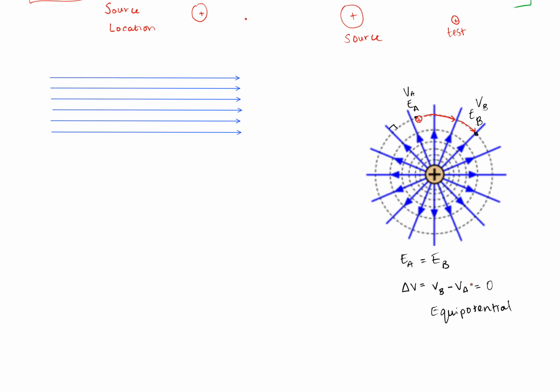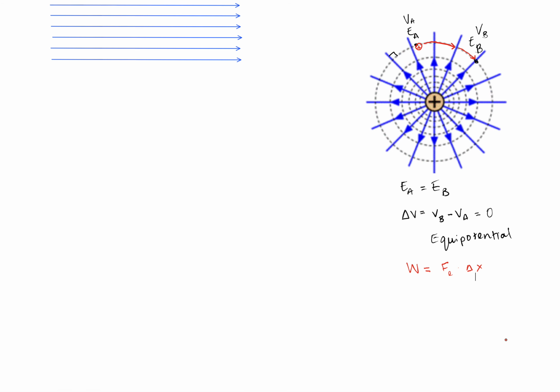And I could show that using this idea. I already established this, and I'm going to write it out in full script here for a second. I'm going to say F dot delta X. I know that F is Q times E, and that's delta X. And then E delta X, remember, is delta V, and that's the delta V here.